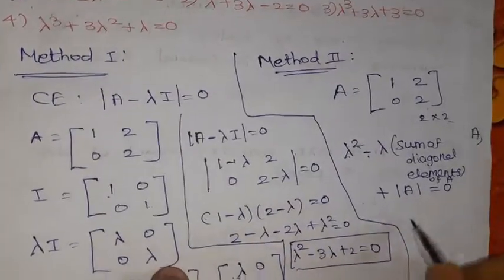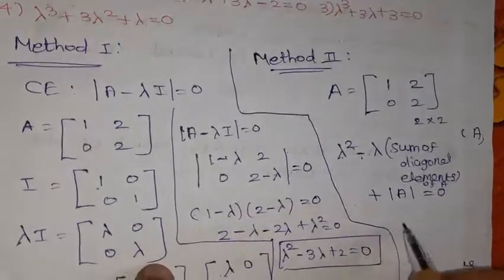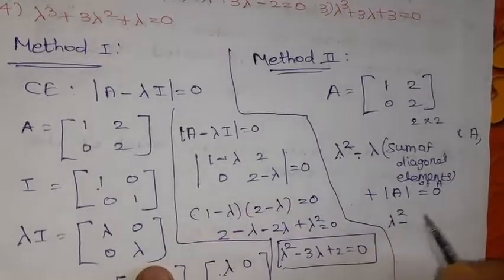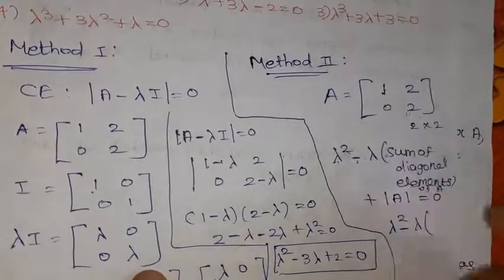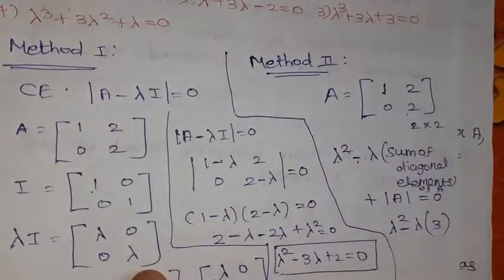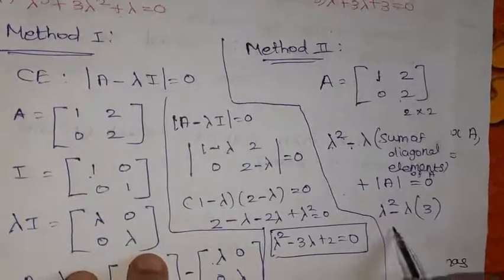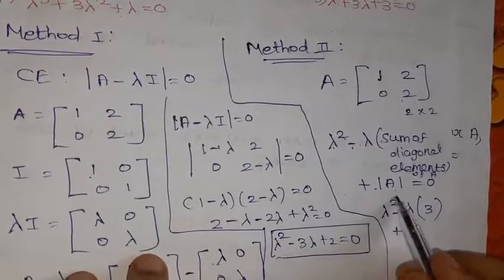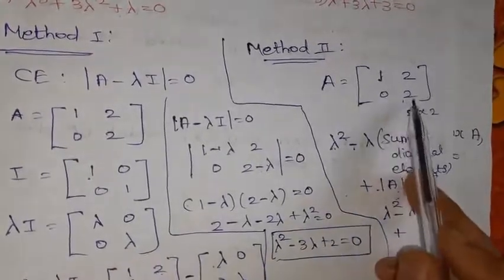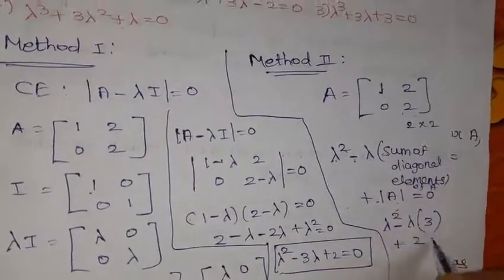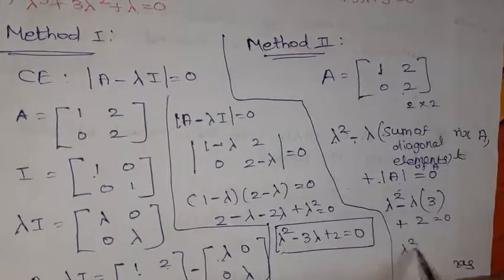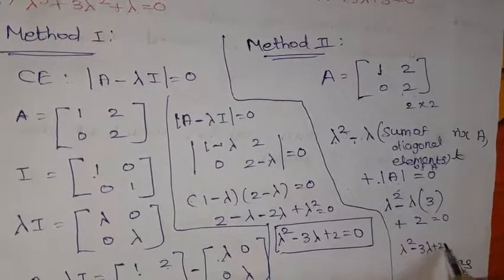Following this shortcut: lambda squared minus lambda into the sum of diagonal elements, 1 plus 2, 3. Then we find determinant A: 2 minus 0, 2 only. So lambda squared minus 3 lambda plus 2 equal to 0.